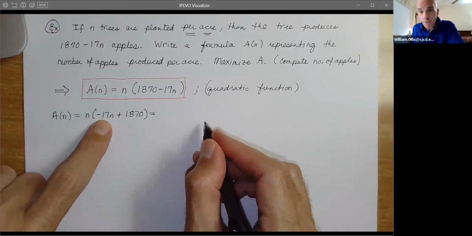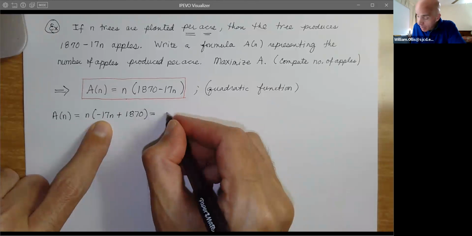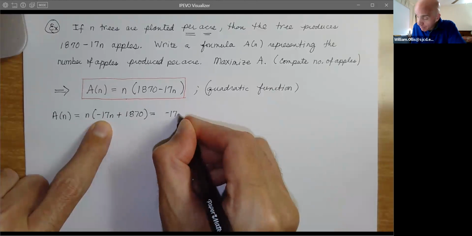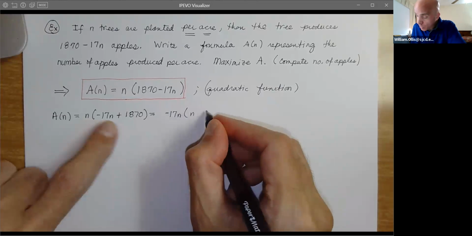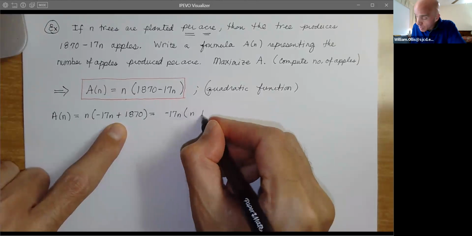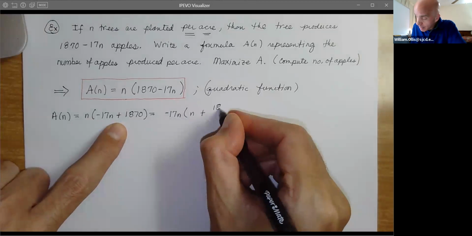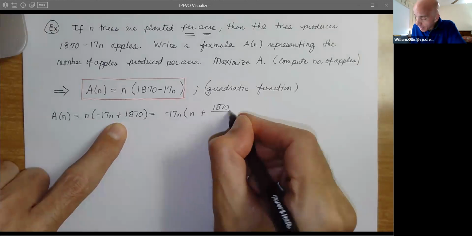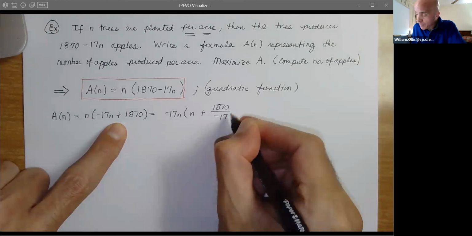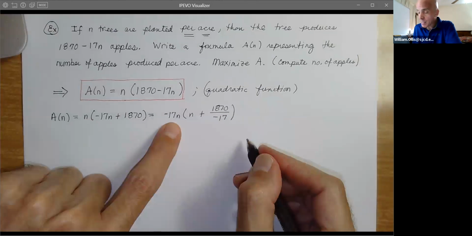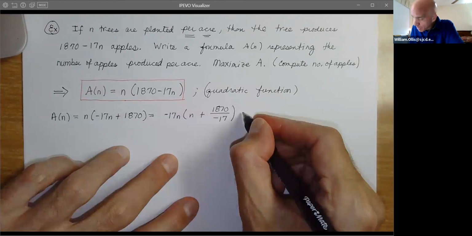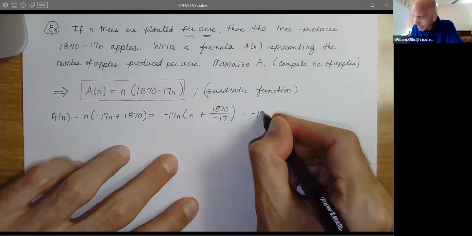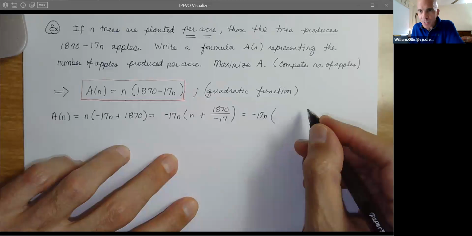So now we just want to factor the negative 17. So negative 17n will give us here an n, the n's already factored, and then this will be plus 1870 divided by negative 17. So we just want to compensate for multiplying the 1870 by negative 17. So the same song and dance, it's just doing the same procedure.